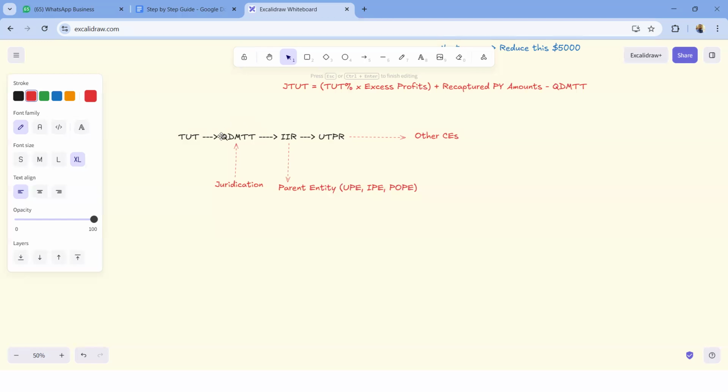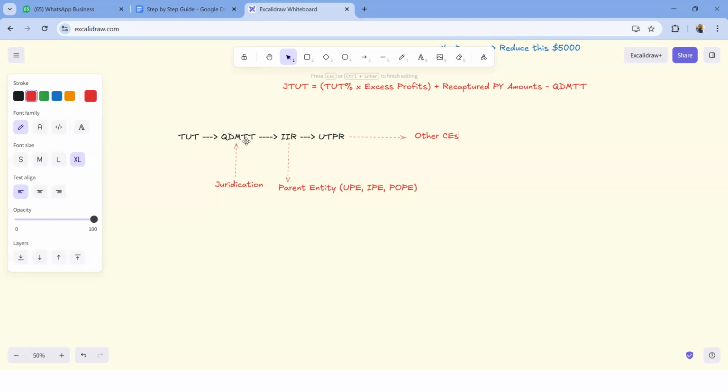Now, what makes a DMTT a QDMTT? We will understand all that. But is this mechanism understandable? Why is the jurisdiction applying this? Without this mechanism, we would not get a consensus from all the countries to implement such a tax regulation. Correct? A tax arising from my source being collected by somebody else is something people can't live with.